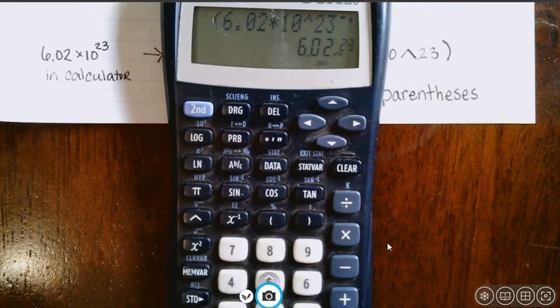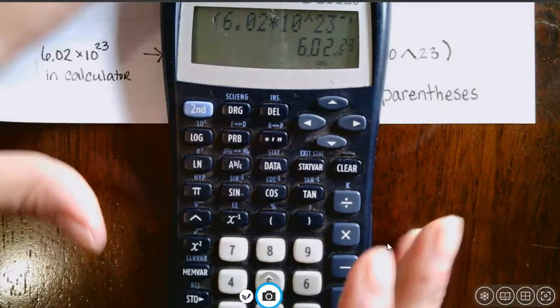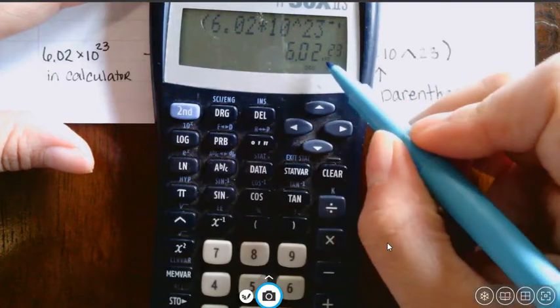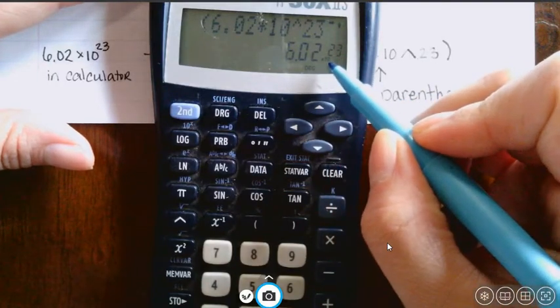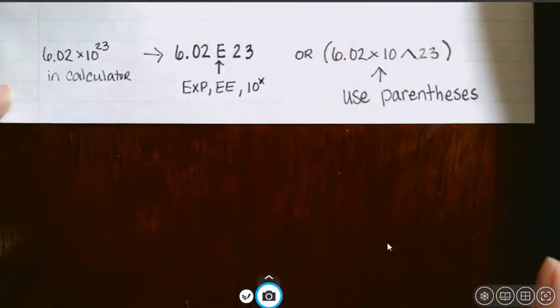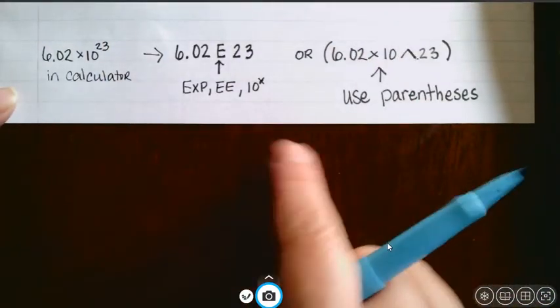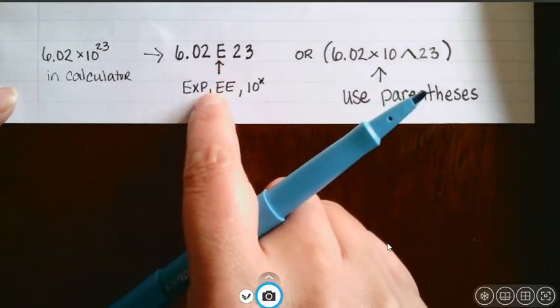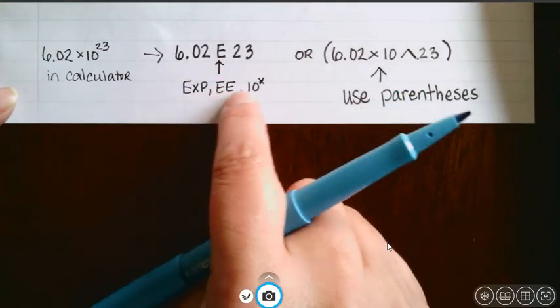It might divide the 23 by something else if you're using division. And then it changes it in your calculator to 6.02 times 10 to the 23 when you hit enter. That little times 10 is really small in there. Okay, so that's two ways to do it. If your calculator doesn't have that E function, you could see something like this.